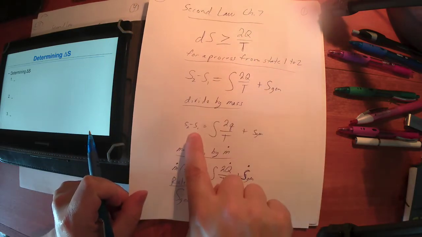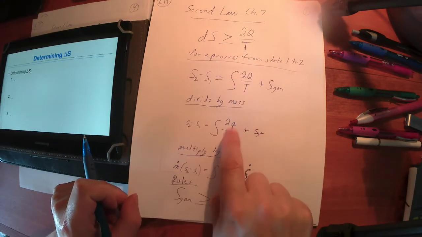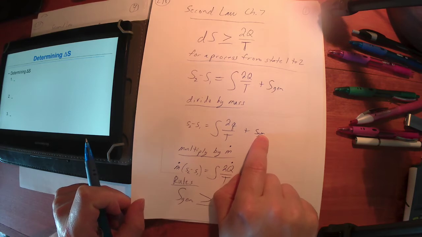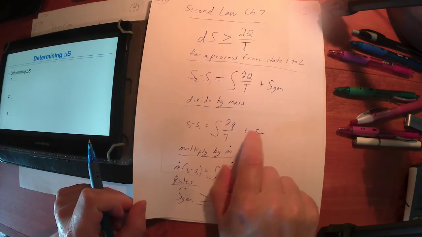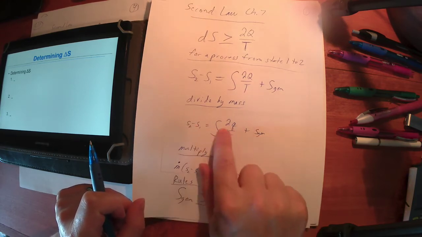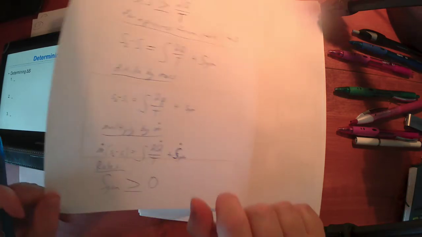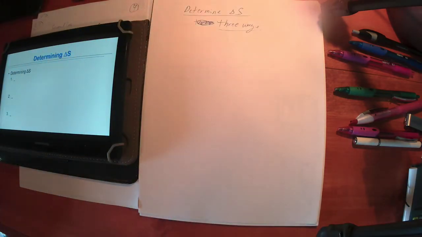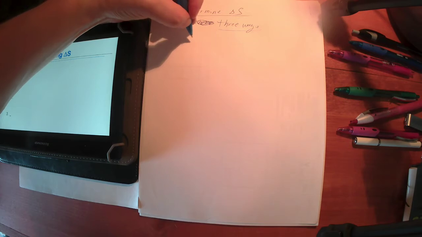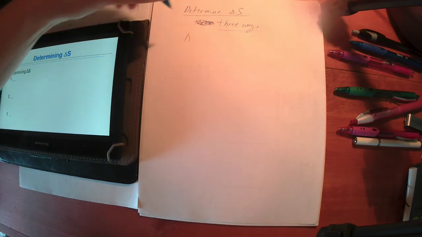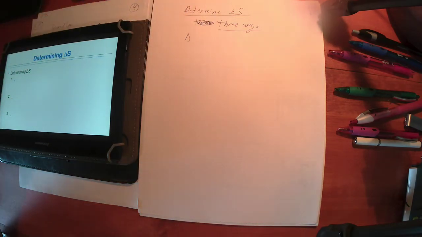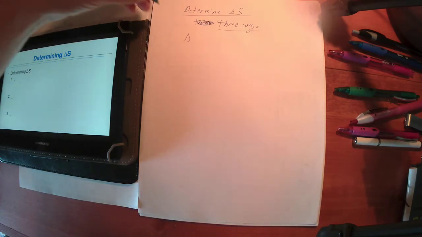Well, if you look at the second law equation, delta S is based off of heat transfer and entropy generated. So how do I find delta S? Then I can just focus on these other two quantities. That's one less thing to demystify. I've got to be able to quantify all those terms in that equation to use it. How can I use this equation? Well, let's get a handle on how we determine delta S.